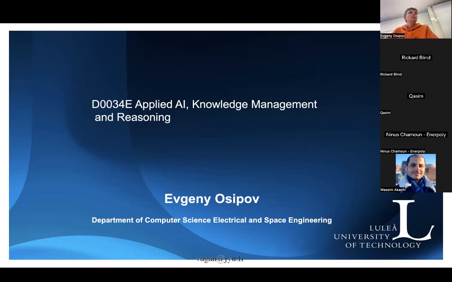Supervised and unsupervised learning. Okay, that we will also reiterate next year then, but in a more in-depth manner. This study period we will be focusing on reasoning, knowledge representation and reasoning.